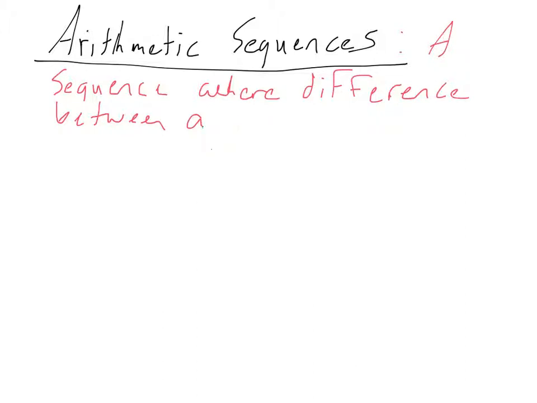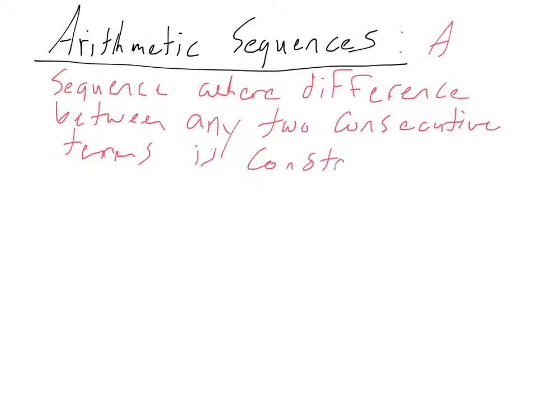The difference between any two consecutive terms is constant. An example would be like 3, 6, 9, 12, and so on. The difference between 9 and 12 is 3. The difference between 3 and 6 is 3.